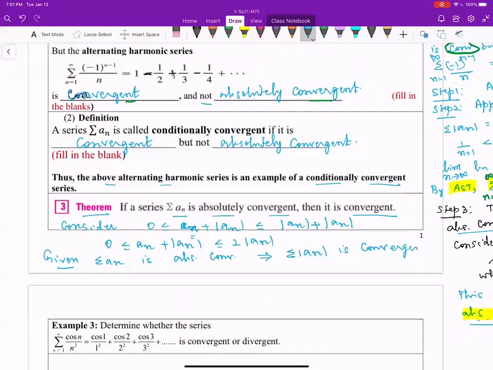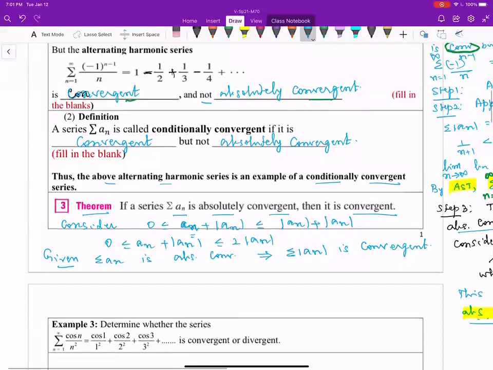That's the meaning: if you take absolute values of the terms, it is convergent. And therefore, the right hand side, 2 times absolute a_n, is also convergent.